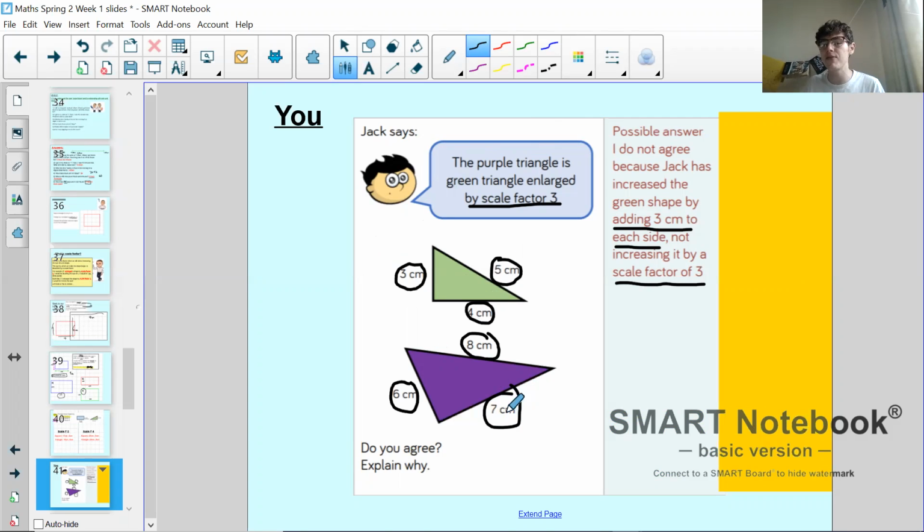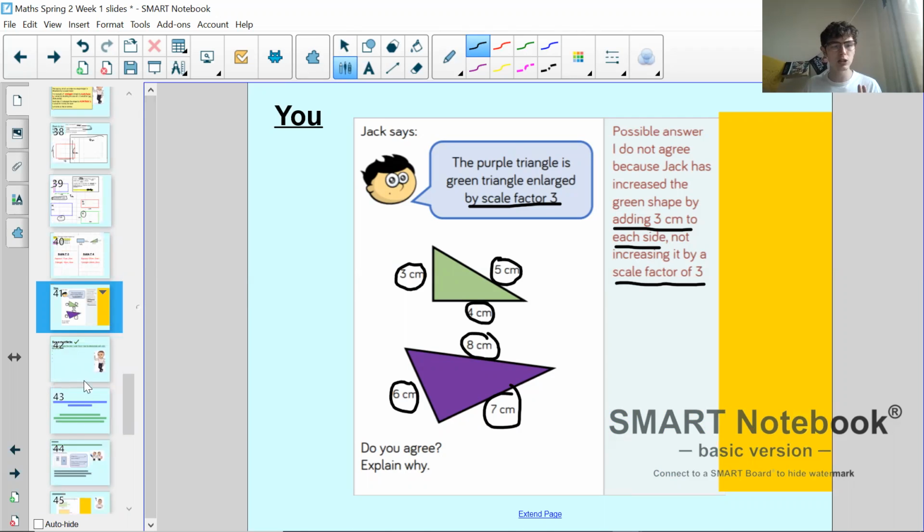It's changed to 7 centimeters. Now this is being added by 3 to get to 7 because we can't double 4 to get to 7, can we? Because it gets to 8. So what Jack has clearly done is just added 3 centimeters to each instead of multiplying each one by 3, okay? Which is what we would have done because it's 3 times as big, okay? So well done if that's the answer that you've got.